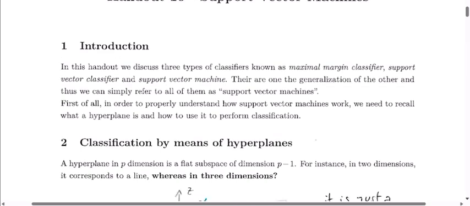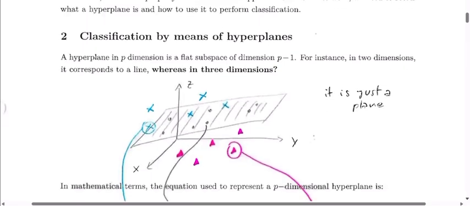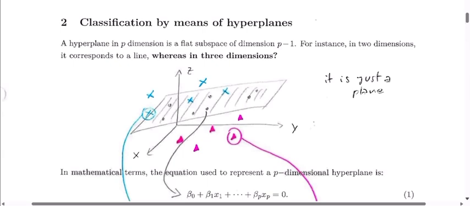We believe the hyperplane we're focusing on will be in p dimensions. A hyperplane in p dimensions is a flat subspace of dimension p minus one.